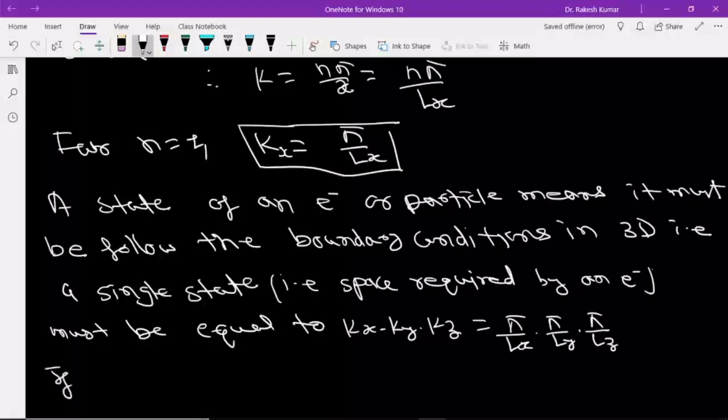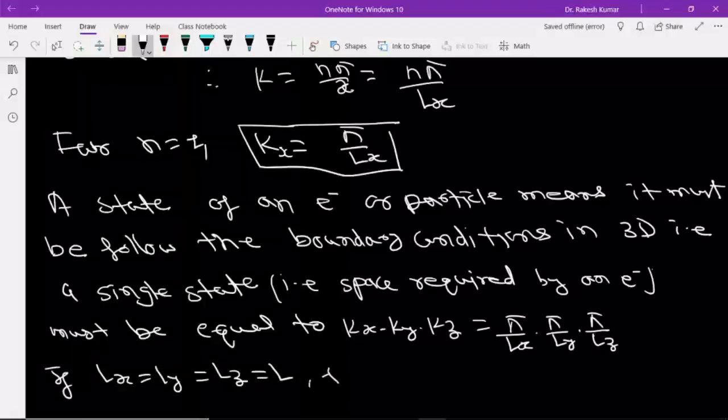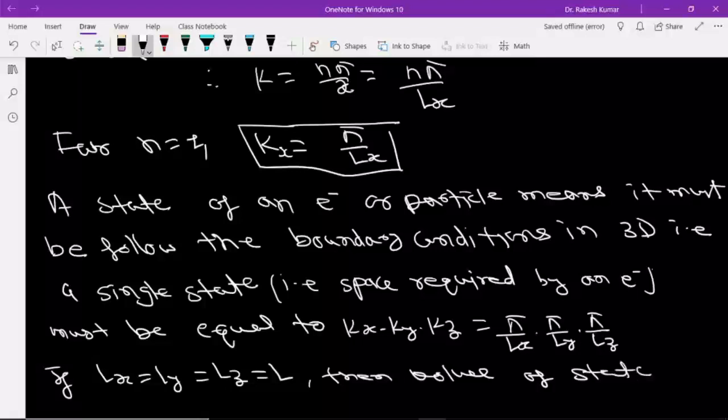If Lx equal to Ly equal to Lz equal to L, then the volume of a state is equal to pi cubed by L cubed.